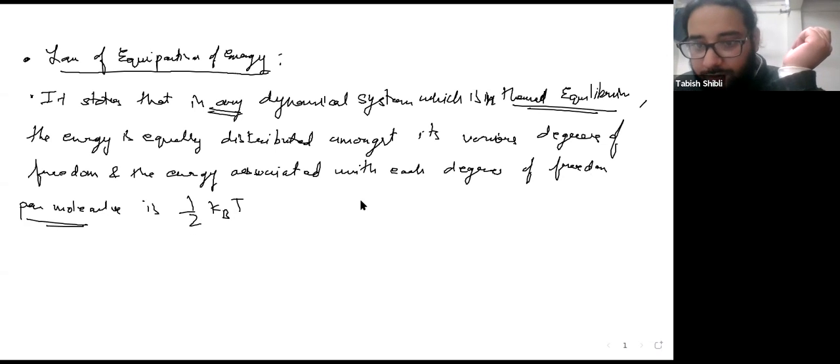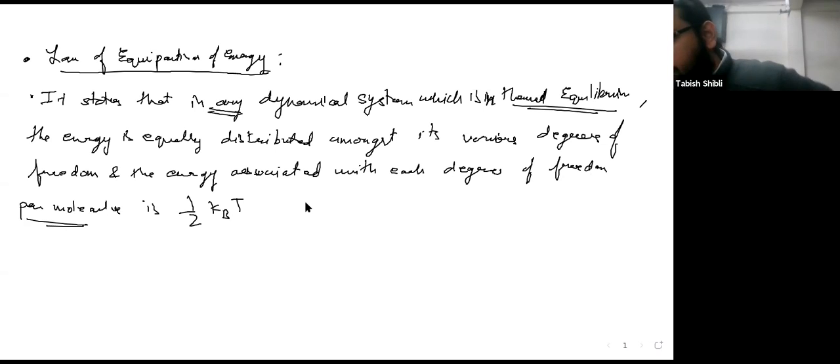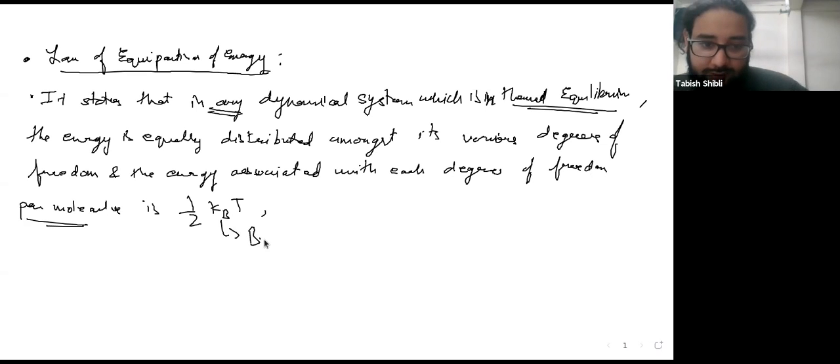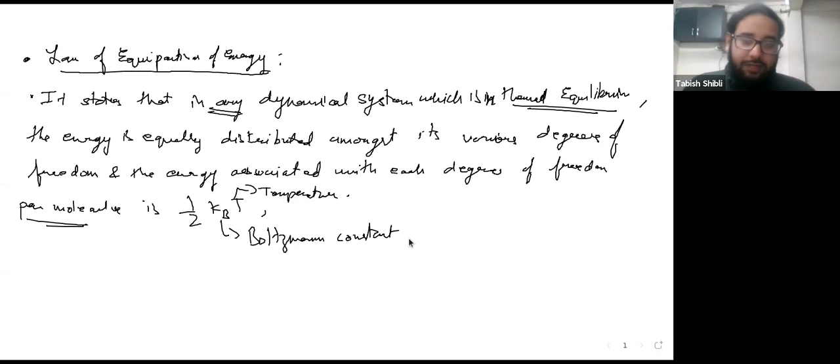Per molecule is also important. Is half kBT, where kB is the Boltzmann constant and T is just the temperature. Okay, write this down, please.